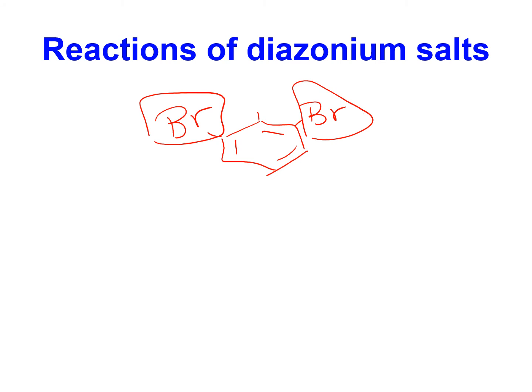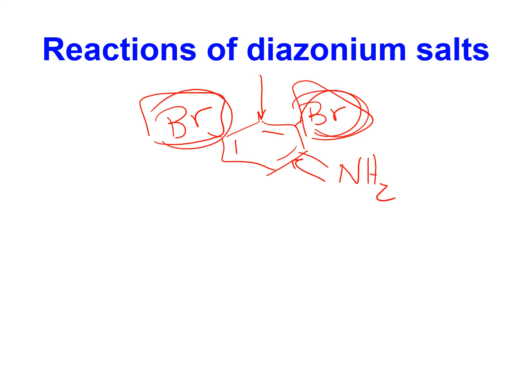This can take place by putting an amine here or here. You can add it at this position or at that position, and you will then introduce the halogen parts.